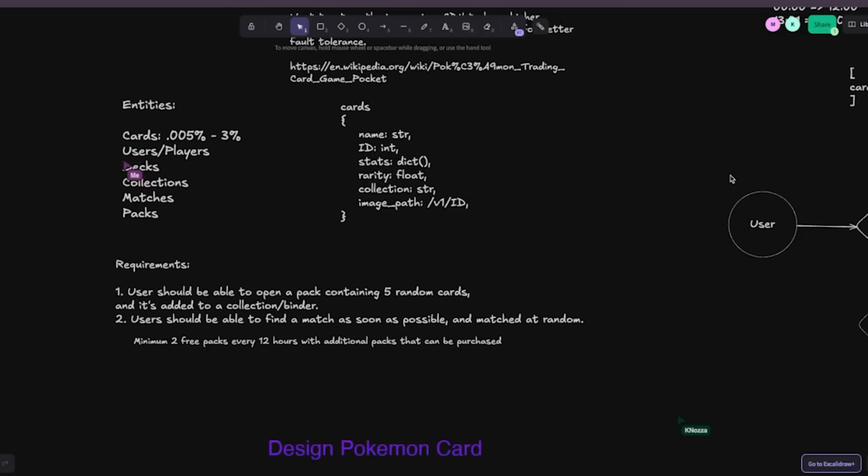A user has a collection of cards, which they can assemble into a deck and take to a match, and they got those cards from opening packs. That's how we logically structure it, because we're going to be going from the user back. Is that logic making sense to everybody?